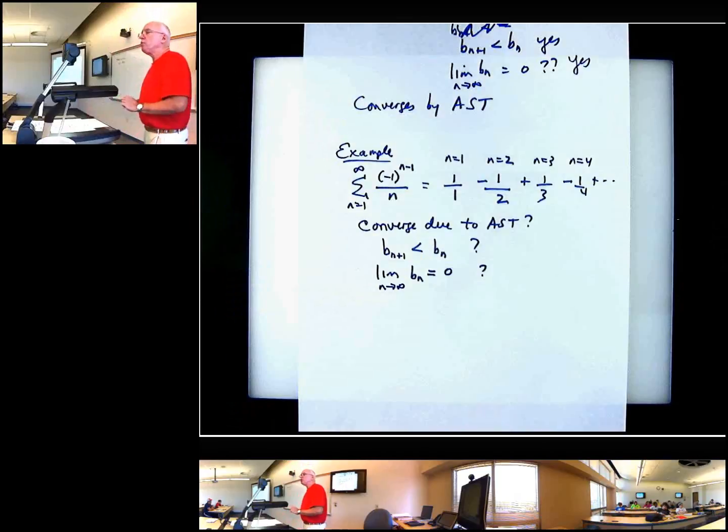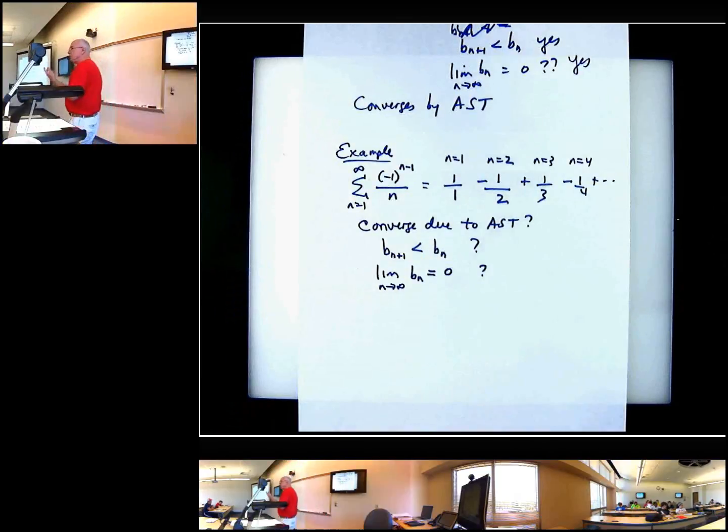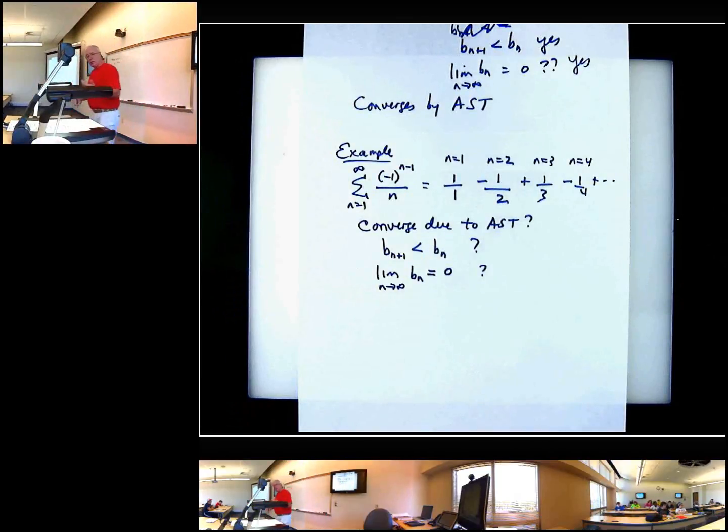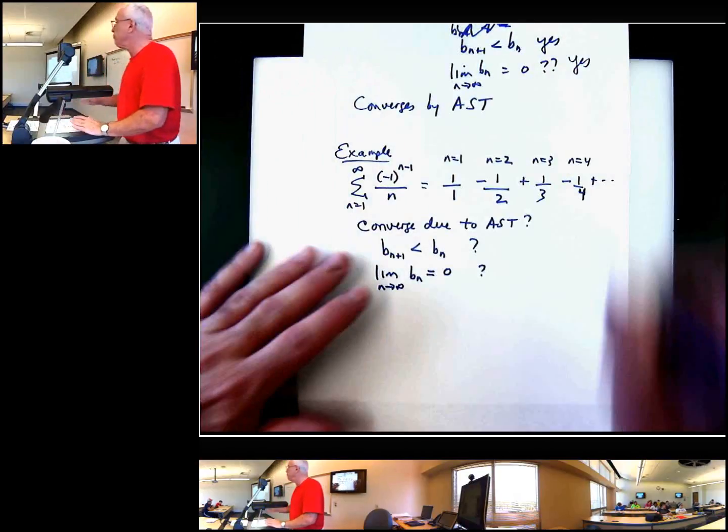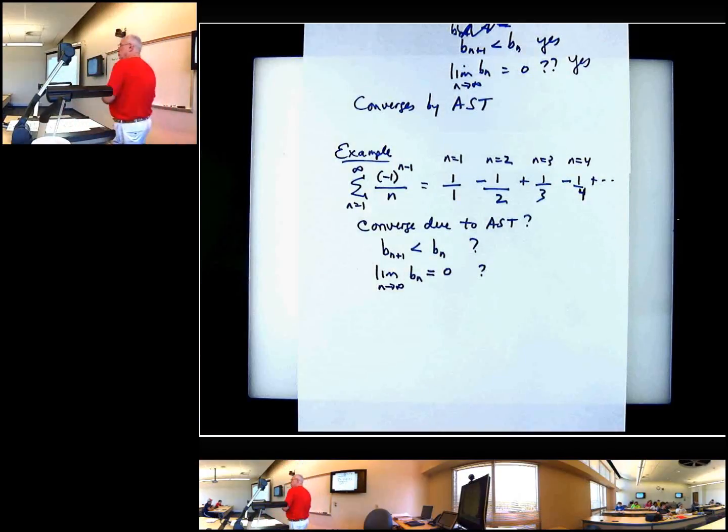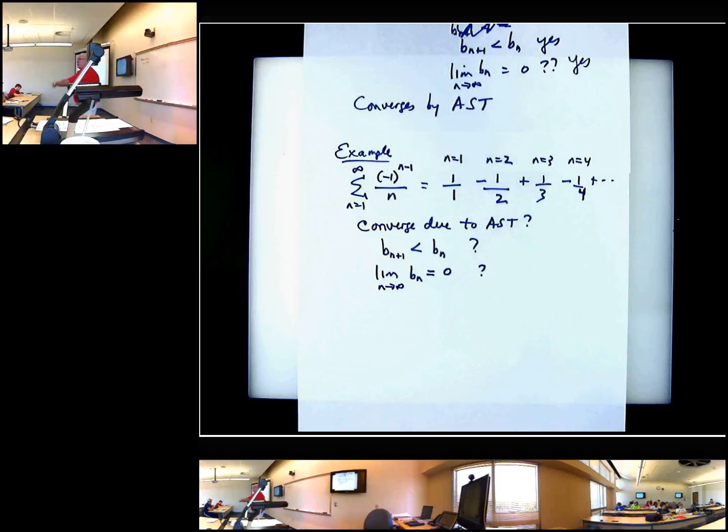Those are the two questions when we have an alternating series that we need to look at. So do these individual bn's keep getting smaller and smaller? Yeah, right? They go from 1/2 to 1/3 to 1/4 to 1/5, 1/6. They keep getting smaller and smaller.